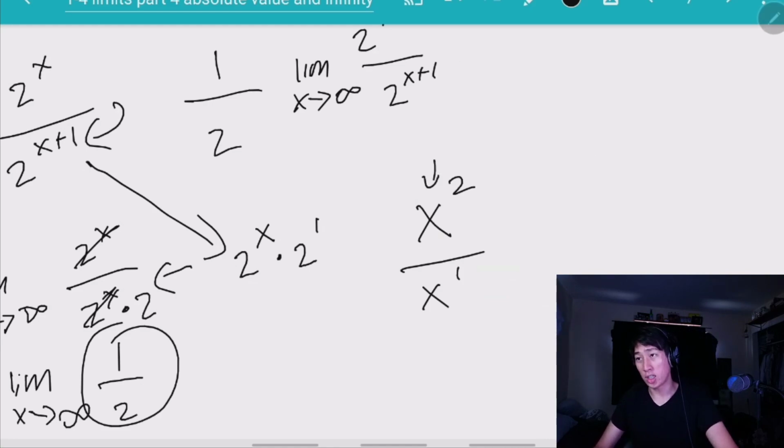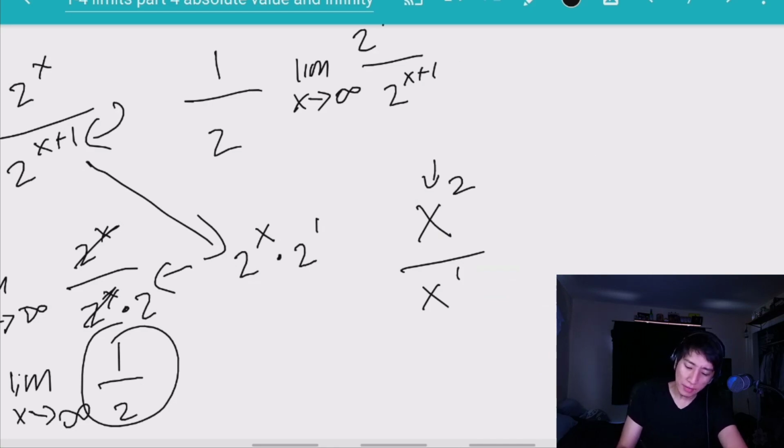As your base gets larger and larger, squaring it becomes so much more powerful, right? I'm not saying large like 10 million. I'm saying large like 10 with 10 million zeros behind it. That's a slightly larger number. And so when you're squaring that, it becomes so much larger than just not being squared that it goes to infinity.